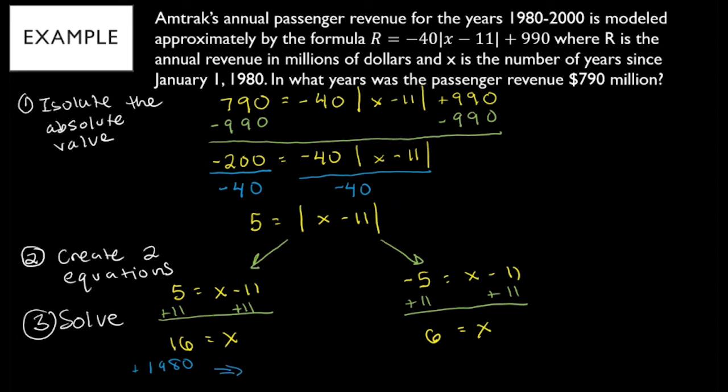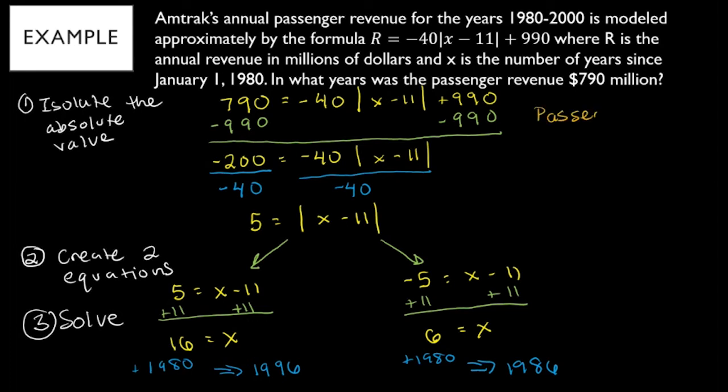So 1980 plus 16 is going to be 1996, and 1980 plus 6 gives us 1986. The question says, in what years was passenger revenue 790 million? And that would be in years 1986 and 1996.